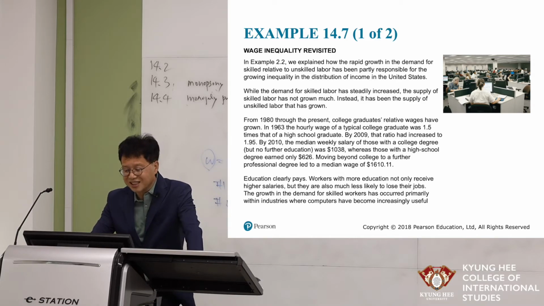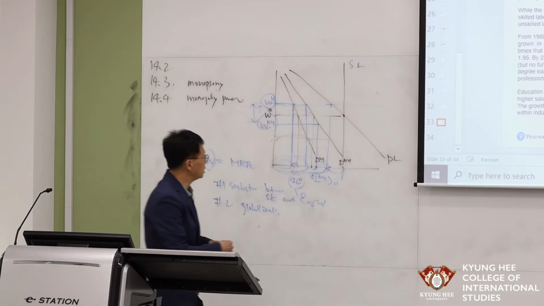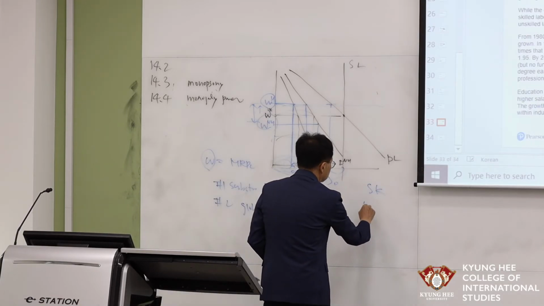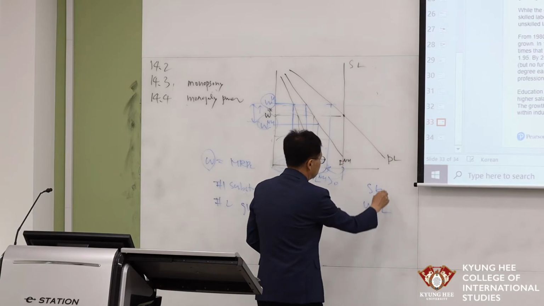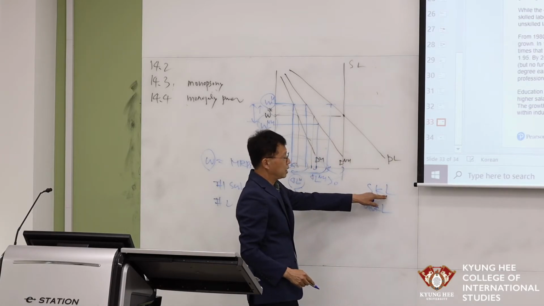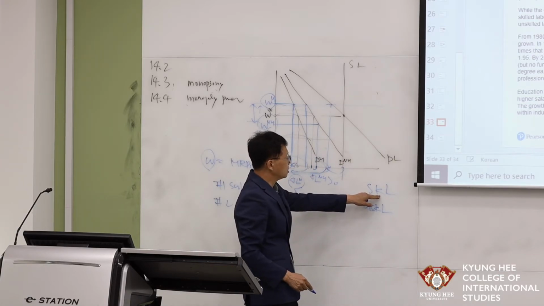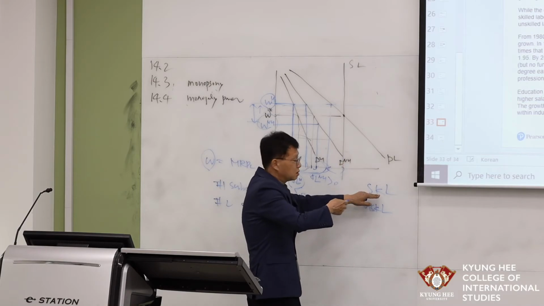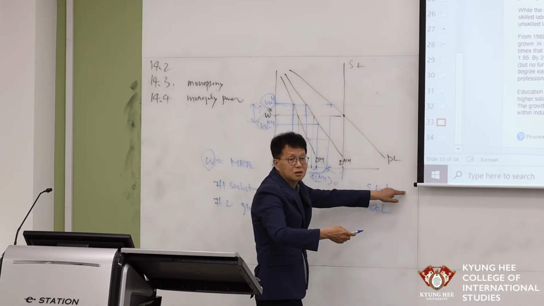While the demand for skilled labor has steadily increased, the supply of skilled labor has not grown as much, right? Demand for skilled labor increased greatly, but supply of skilled labor is limited.